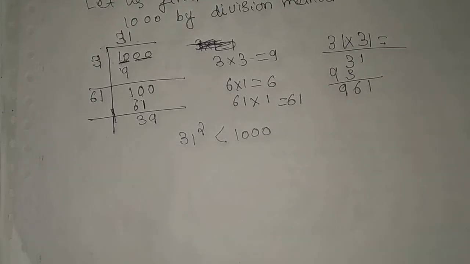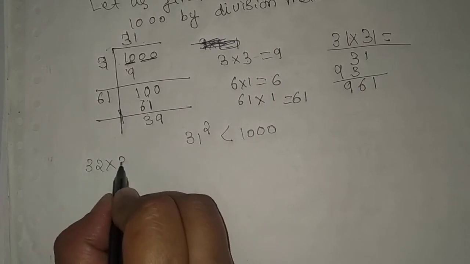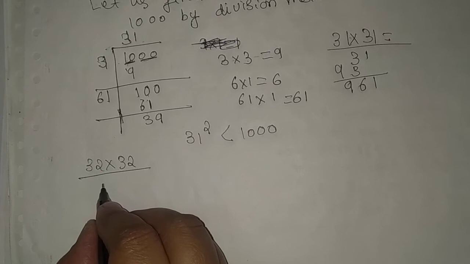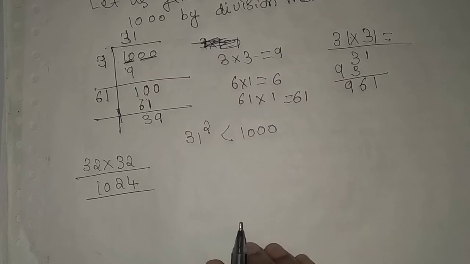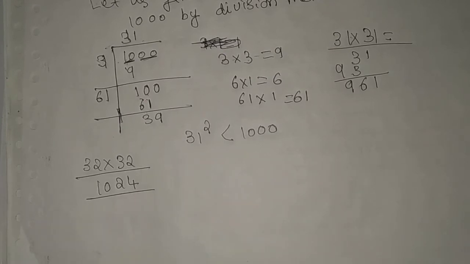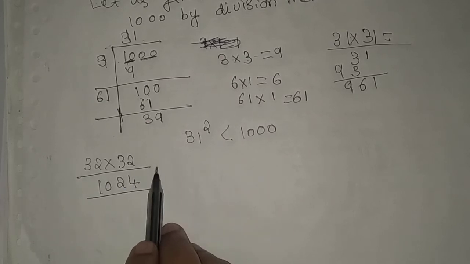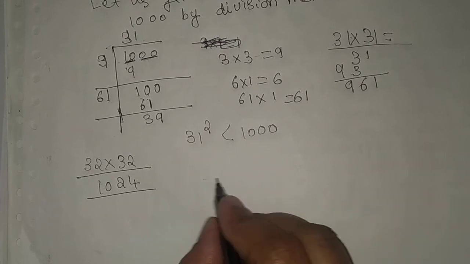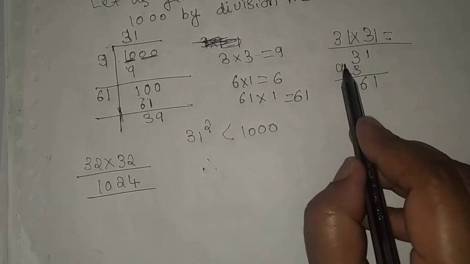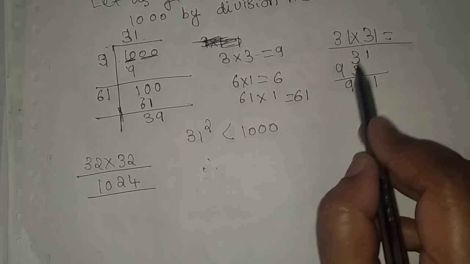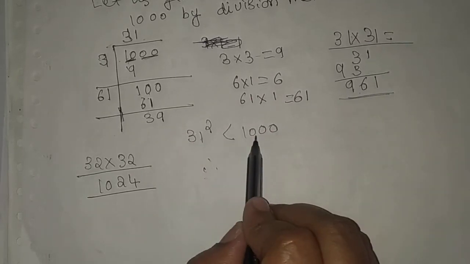So 31 square is less than 1000. 961 is 31 square, which is less than 1000.